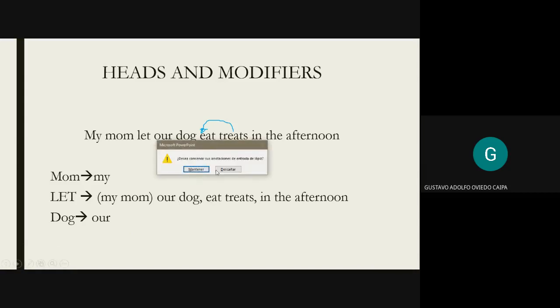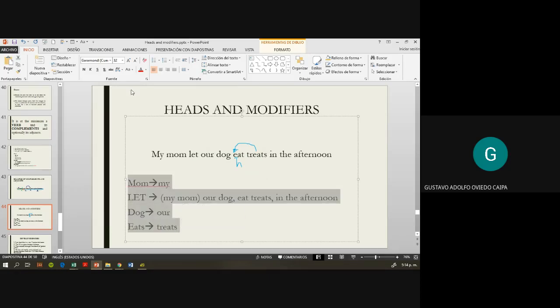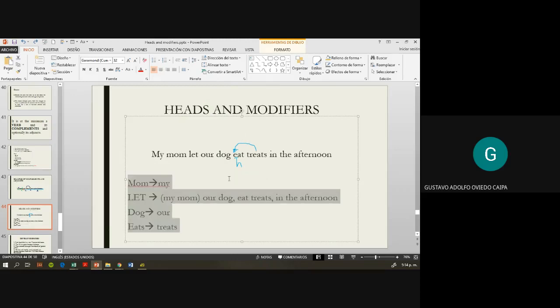All right, so let's go back, maintain this. So eat, complement, modifiers, treats. I'm going to do this in 2 columns. I screwed it up.